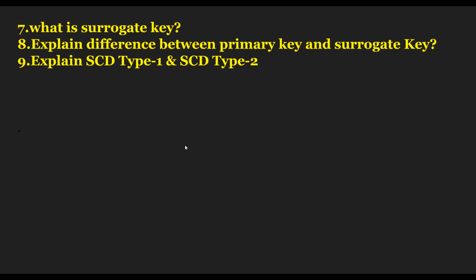Let me take one example. First let me explain the features, then we'll get into the next thing. A surrogate key creates a unique value for each record.